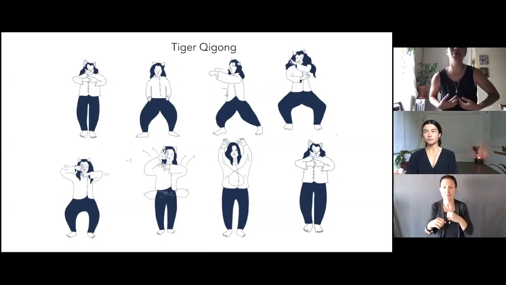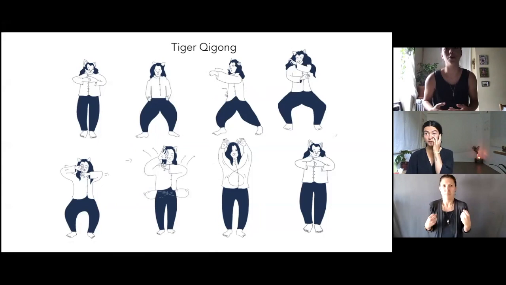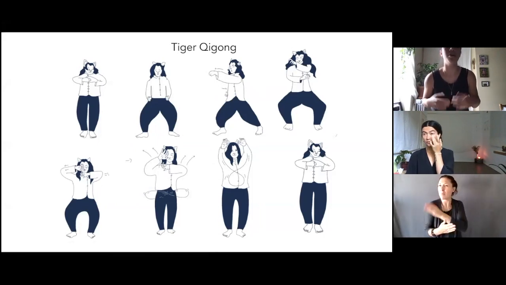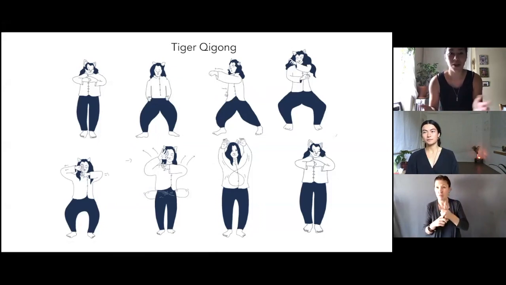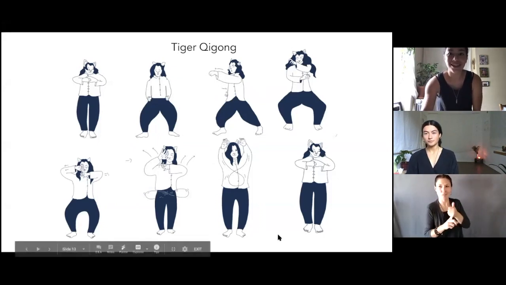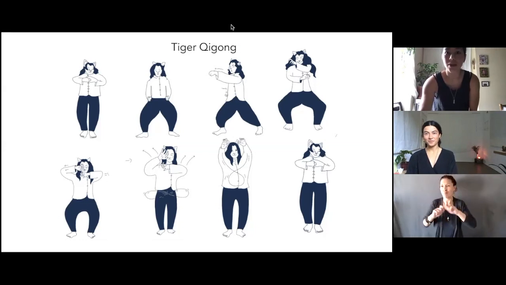It can be really empowering to do something like the tiger, which is such a creature of power that's both offensive and defensive. These will be shared in the packet later. As you can see, they're tiger people, but we'll now continue to practice together.